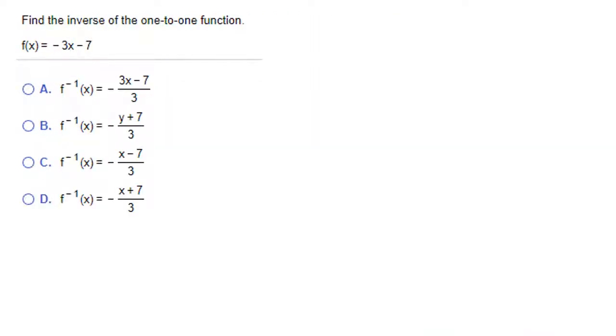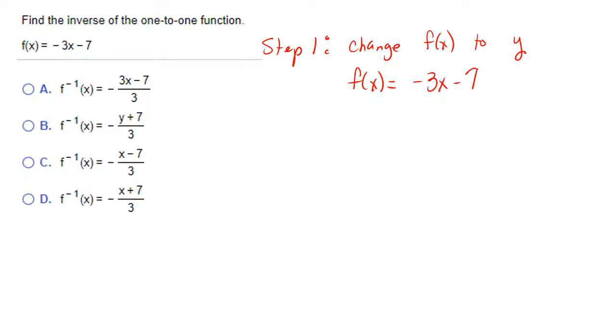Now I have to find the inverse of this one-to-one function. To find the inverse, remember the following steps. Step 1, change the f of x notation to the letter y. So I will take f of x equals negative 3x minus 7 and rewrite that as y equals negative 3x minus 7.